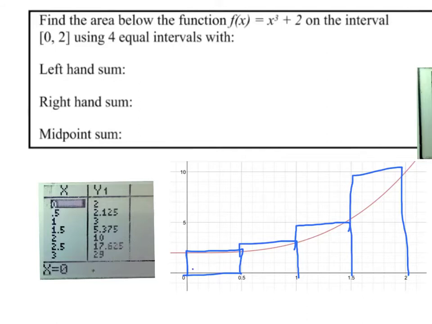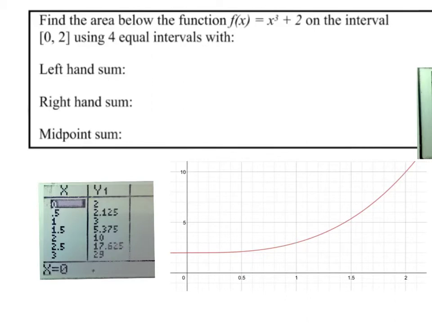So we still have 0.5 this time. This height is 2.125. This one is 3. This one is 5.375. And this one is 10. Again, we multiply those together, get the 4 areas, then add them, and that would be our right-hand sum.